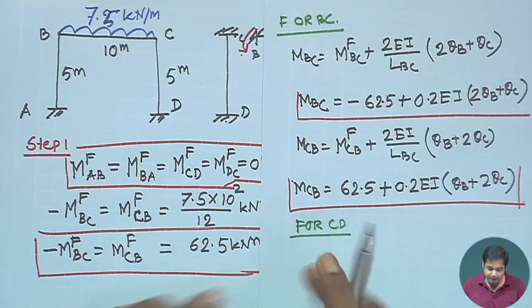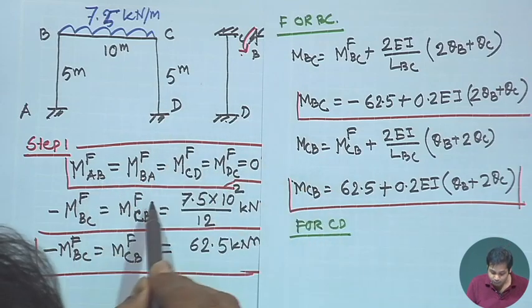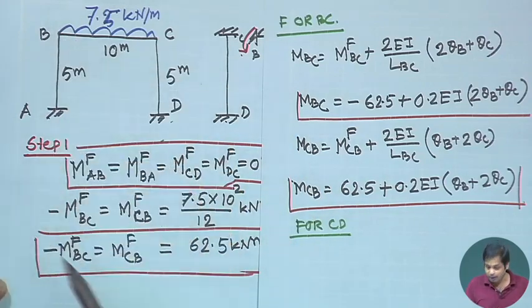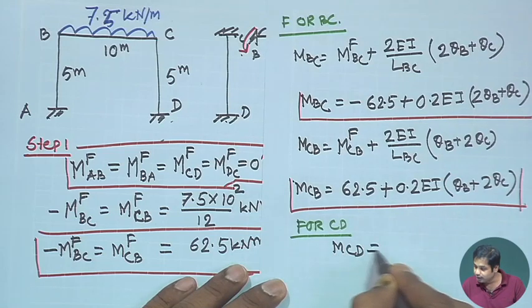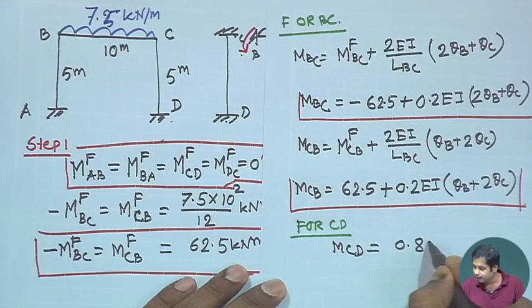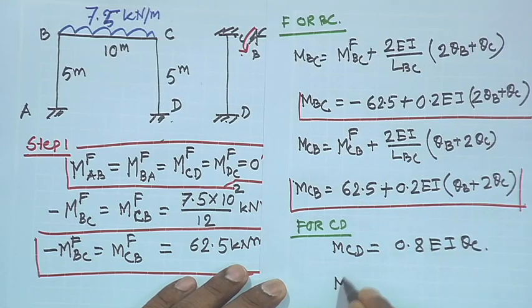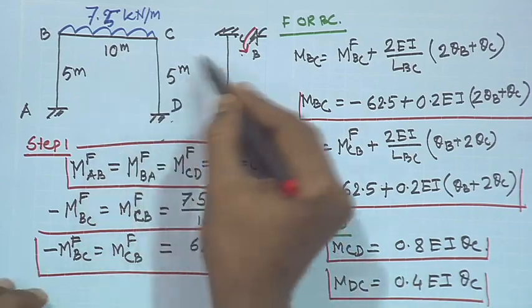And then we can do it for CD. Now, again CD, rotation at D is equal to 0, and the fixed end moments at C and D both are 0, similar to AB. So, the expression that you get is MCD is equal to 0.8 EI theta C, and then MDC is equal to 0.4 EI theta C. The expression will be very similar to AB, which is obvious because if you look at the structure, this is a symmetric structure, isn't it?